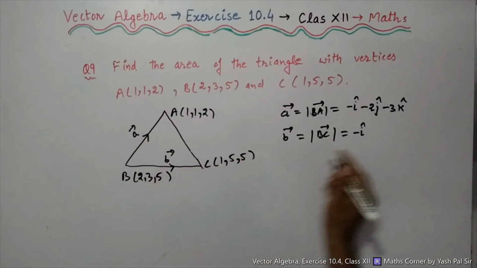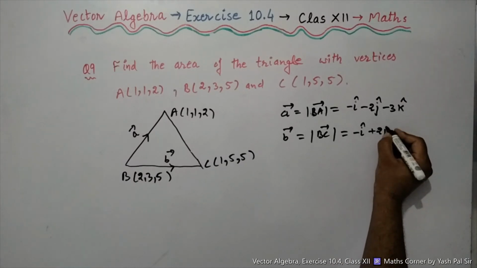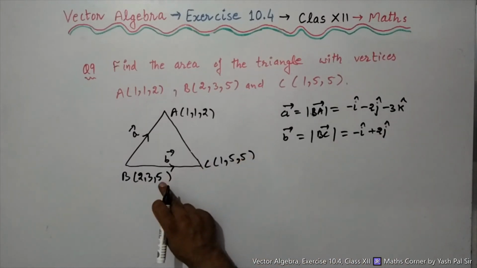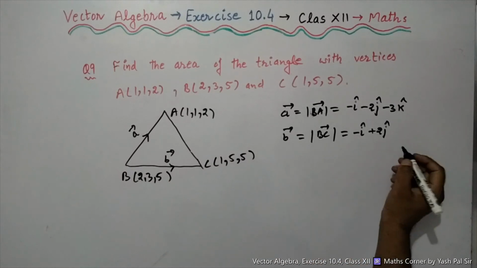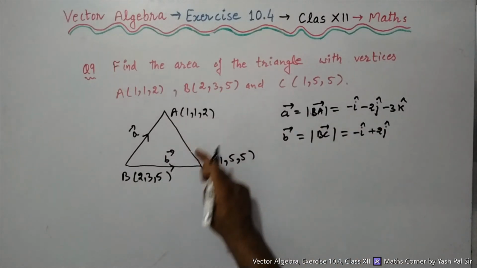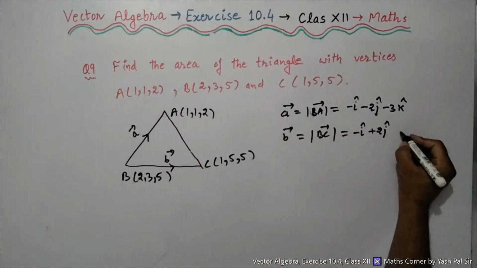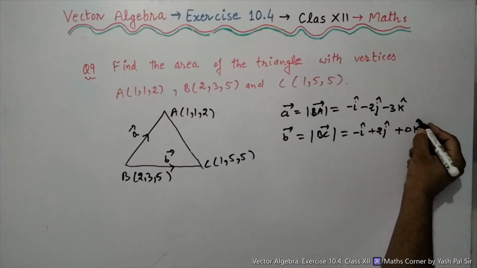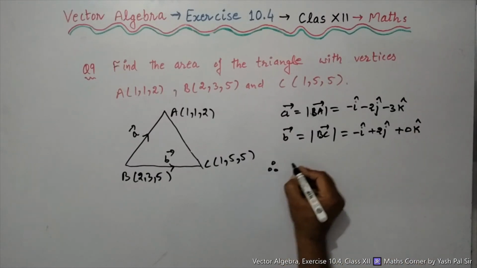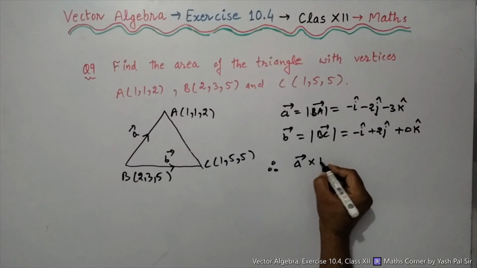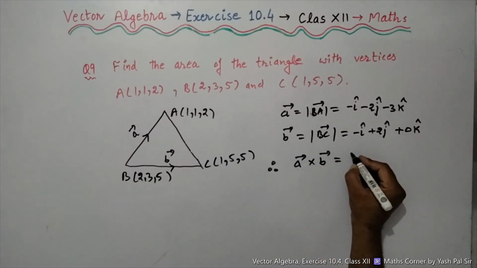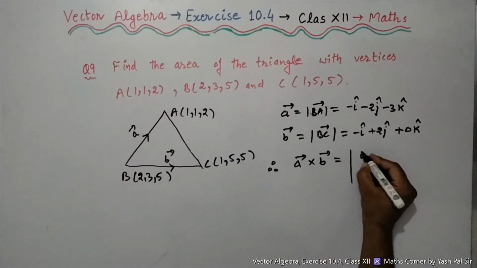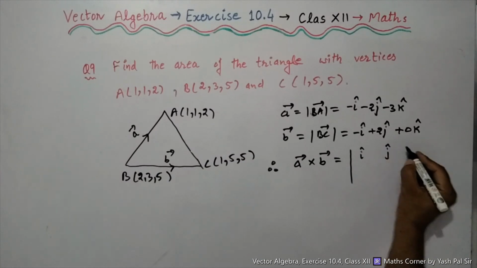So this is equal to (1 minus 2) minus i, (5 minus 3) plus 2j, (5 minus 5) 0k.